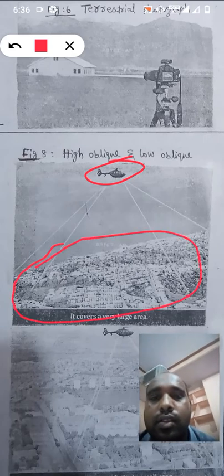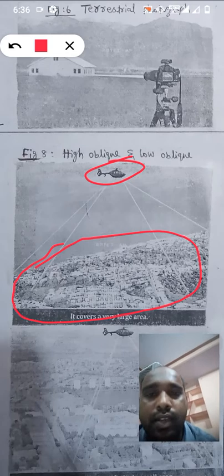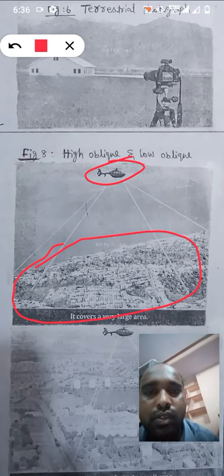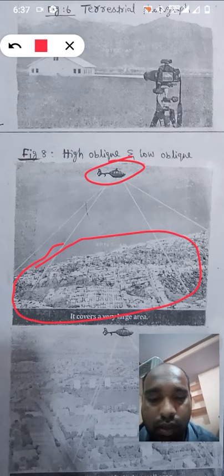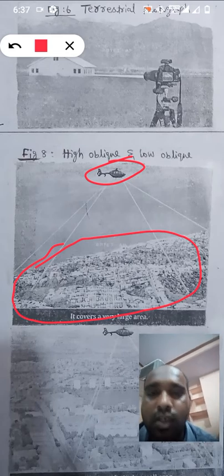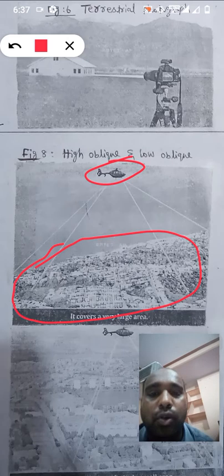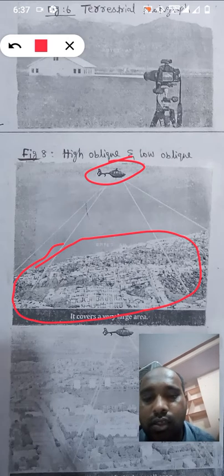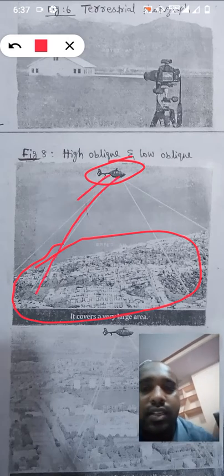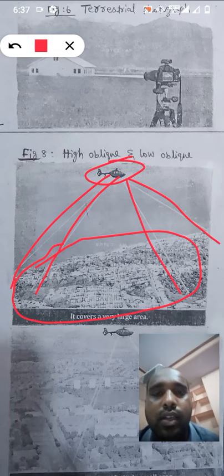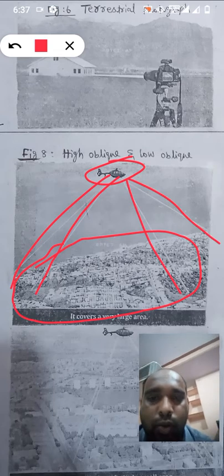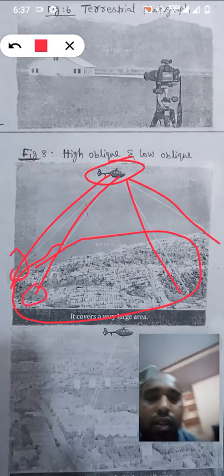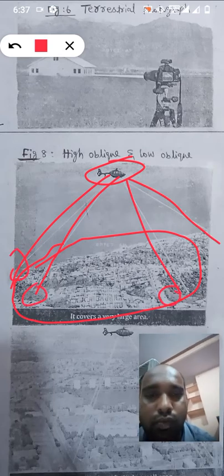Of the geographical area, we are determining the size of the location, next distance, next angles, and coordinates also we are determining with the help of photogrammetry.